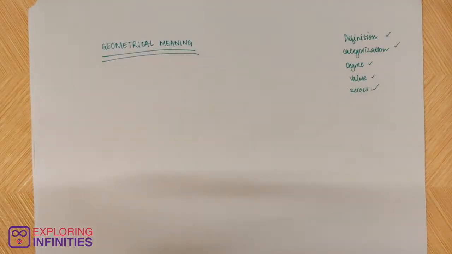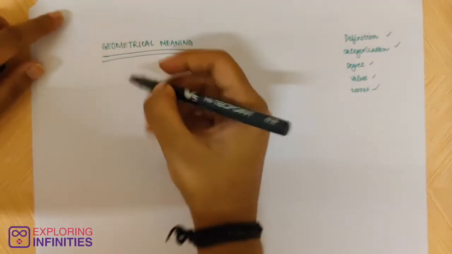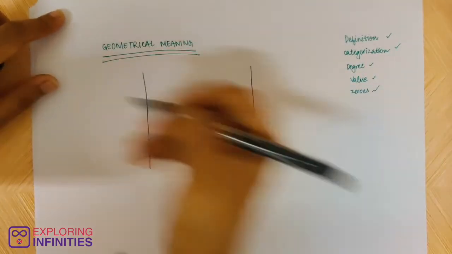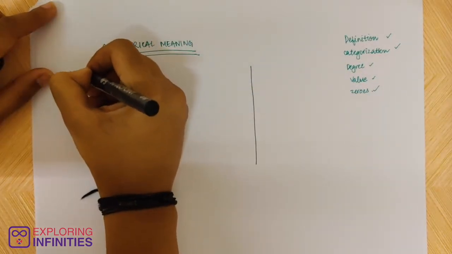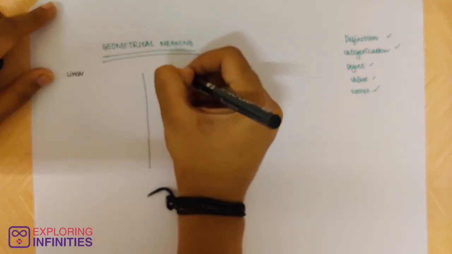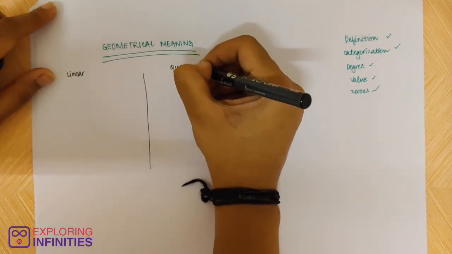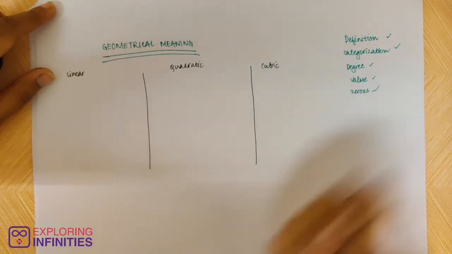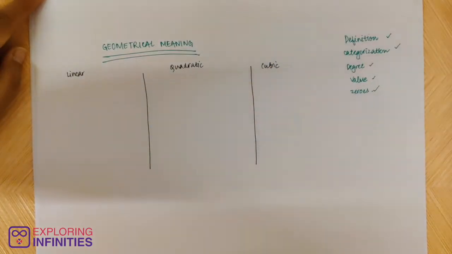So what is geometrical meaning? So I will divide the page into 3 parts where it's easier for me to explain and for you to understand. Linear, quadratic, cubic. Cool.